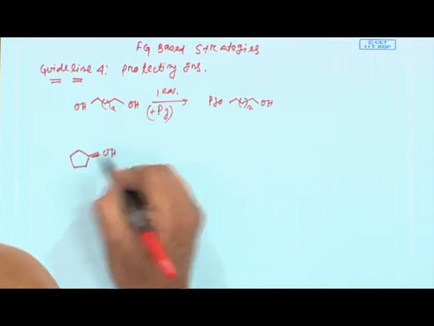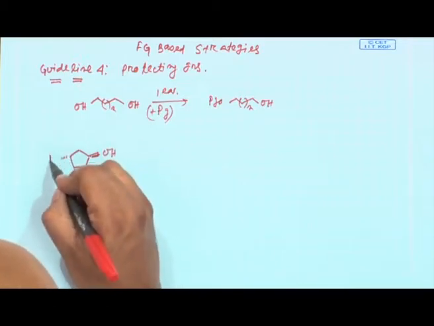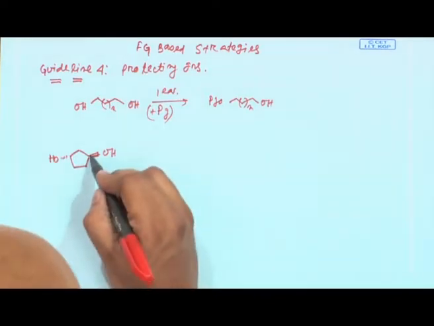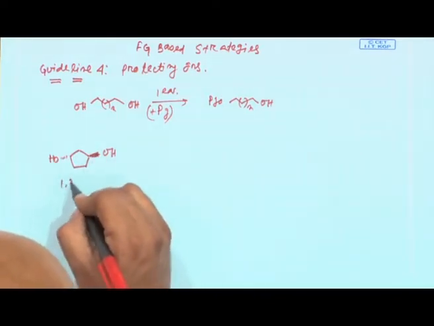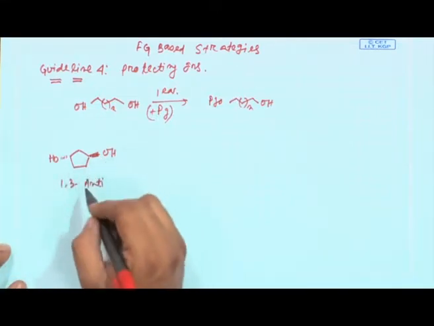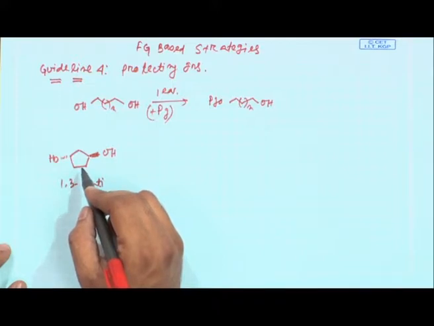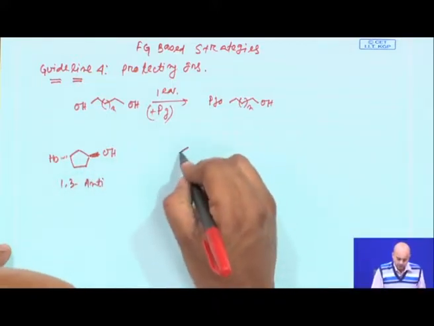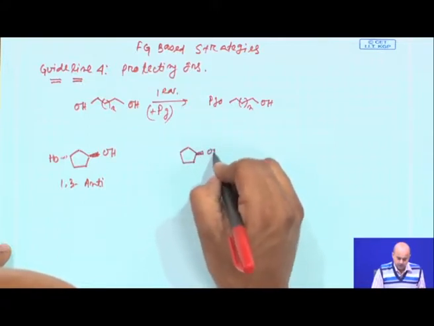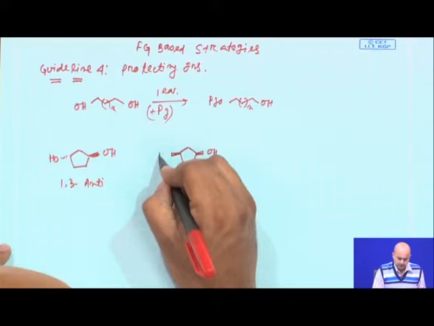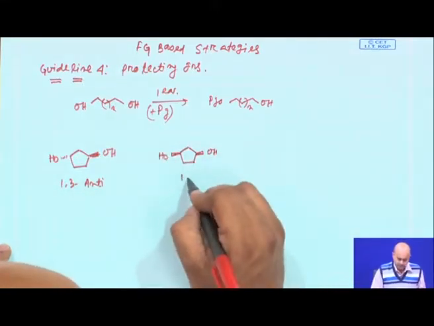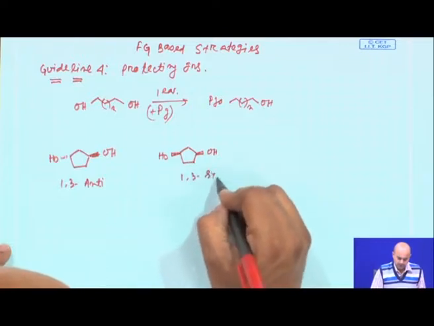I have given a molecule where the stereocenters were specified: these two OH are 1,3 anti, and this molecule is enantiopure. Now, there is another stereoisomer of this molecule, with this structure. This molecule is 1,3 syn or cis.